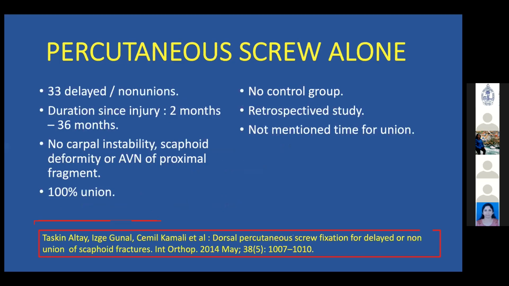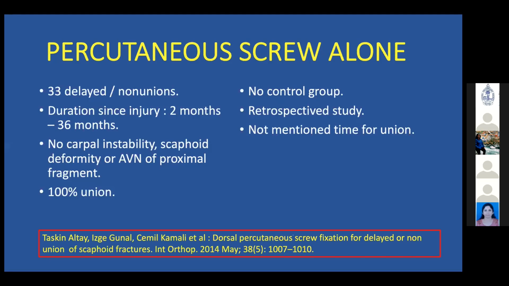The second was a little bigger. It was 33 delayed unions and non-unions. What is noteworthy is that they used percutaneous screw alone for fractures from 2 months to 36 months. They found no carpal instability, scaphoid deformity, or even of the proximal fragment after the procedure, and they reported 100% union.